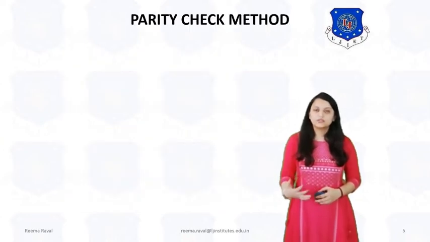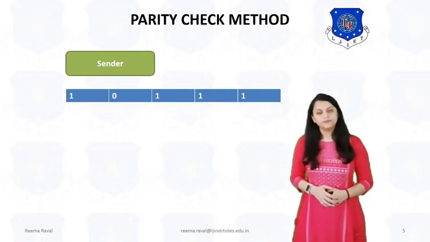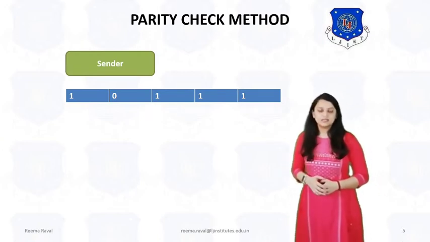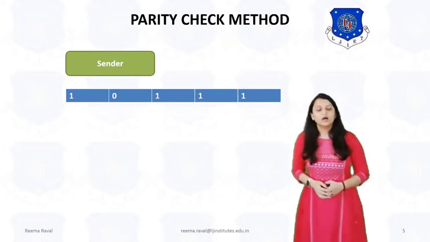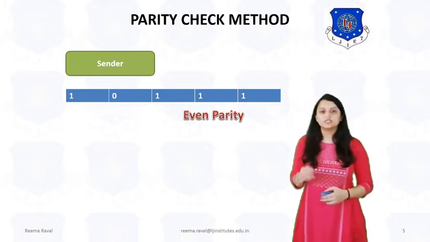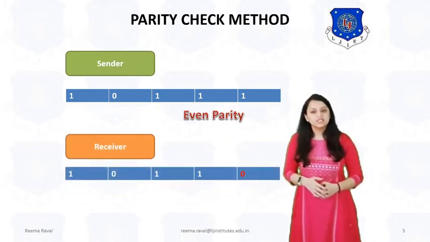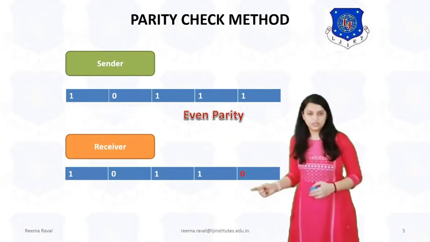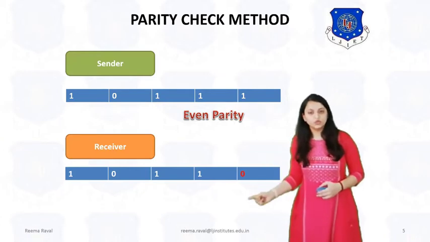As we are first seeing the parity check method, let us see an example. The sender sends the data 10111. Here the parity is even parity, as you can see, the number of ones is 4, which is even. Now, if the receiver receives the data 10110, as you can see, the last bit is changed from 1 to 0.